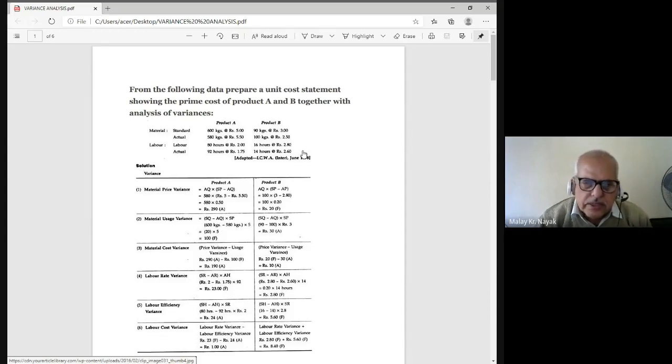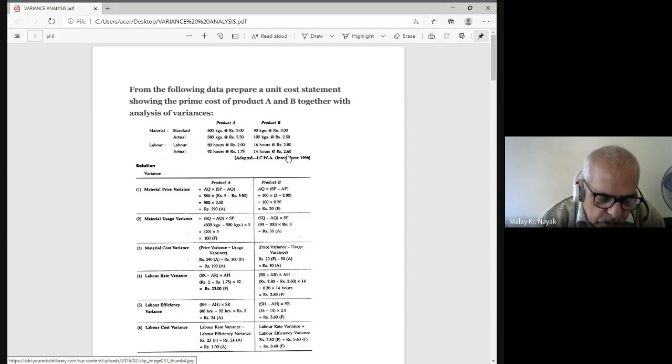ALC minus SLC equals actual labor cost minus standard labor cost, which equals AH into AR minus SH into SR. AH is 14 into 2.60.